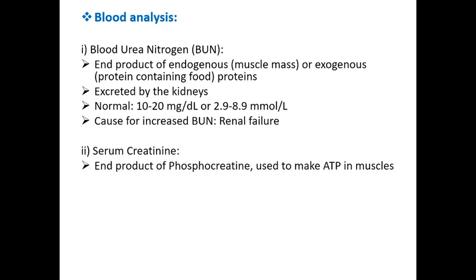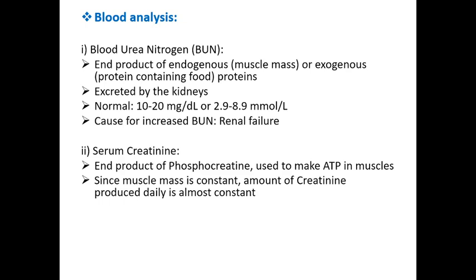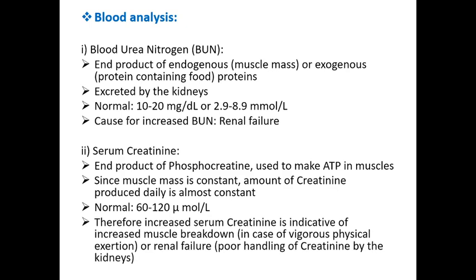Now creatinine comes from the muscles. So since the muscle mass is constant, the amount of creatinine that is produced daily is also almost constant. So the normal amount of creatinine in the body is about 60 to 120 micromoles per liter. So therefore, if there is any increase in the serum creatinine level, what does it suggest?